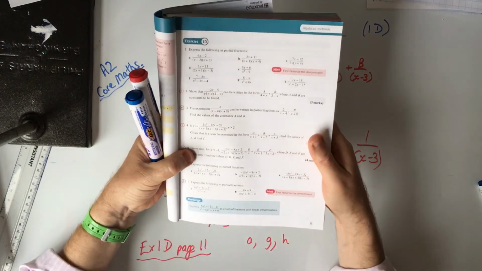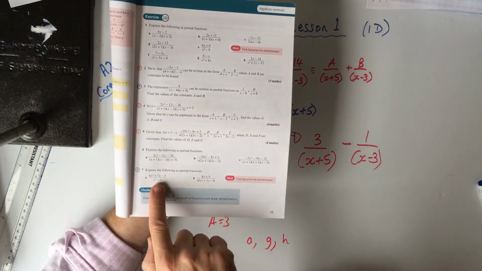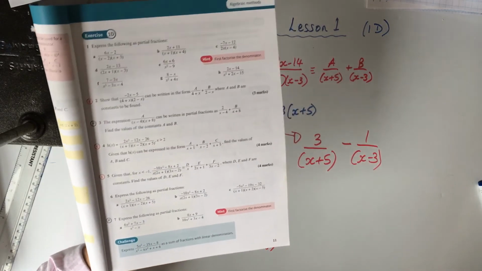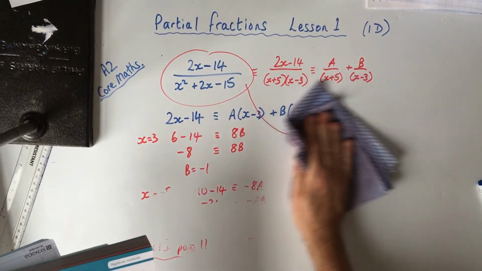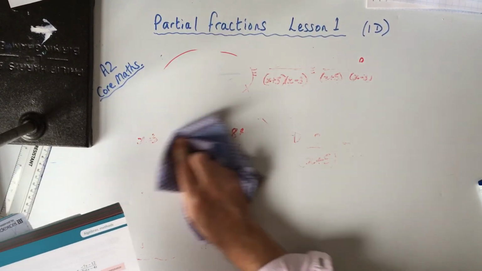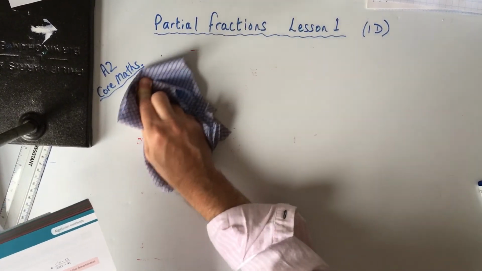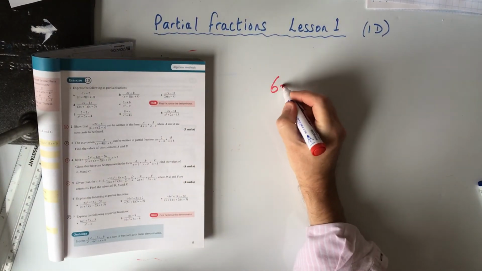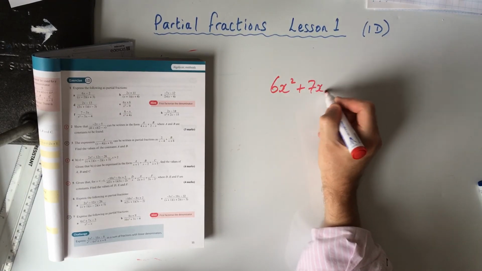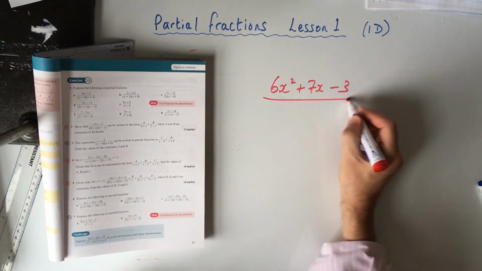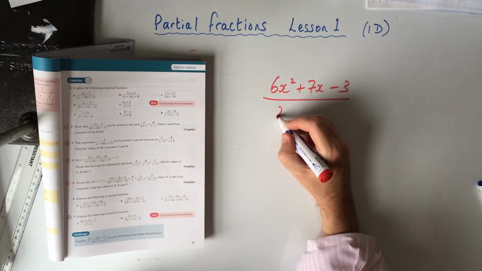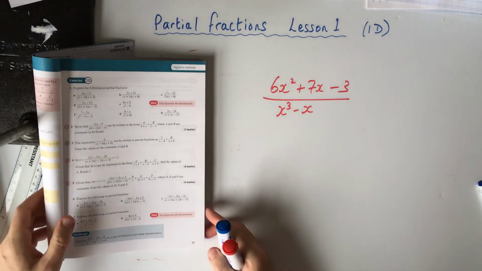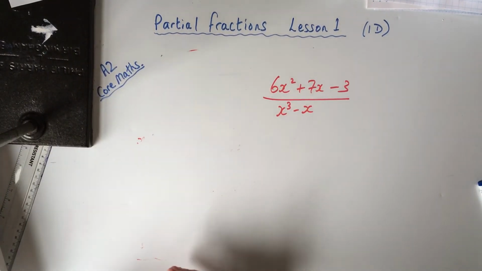Okay, but you can see that when you get down to the bottom, the harder ones, I won't do that one for you, but if I just look at it a minute, on the bottom it's got 6x squared plus 7x minus 3 over x cubed minus x. So the last and the hardest one gets down to that.